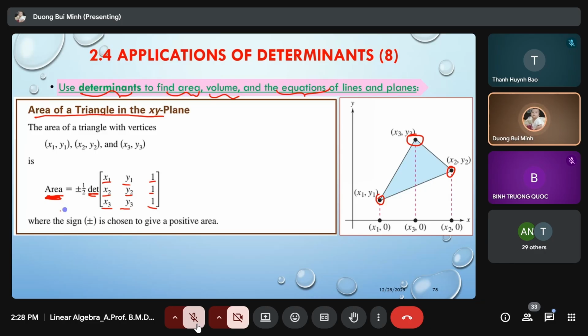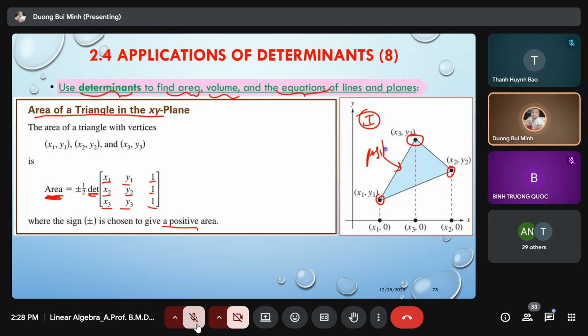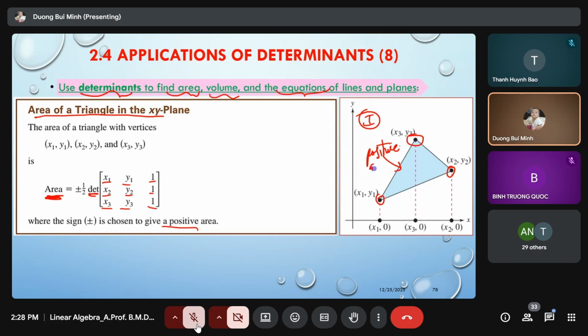The plus or minus depends on whether the area is positive or negative. So this is the first quadrant, it's the third quadrant, so the area is a positive area. And then when we calculate the determinant, we divide it by 2, you can get the area.